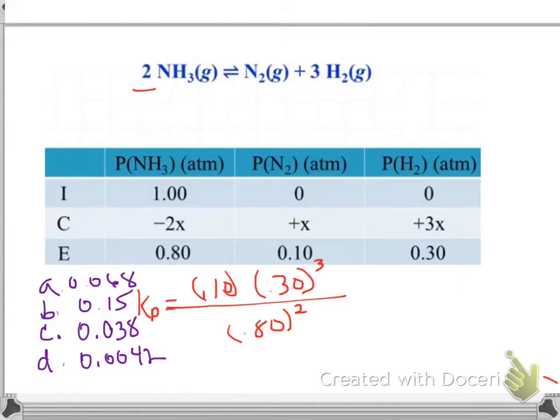So if I plug all that in, I end up with a Kp of 0.0042. Now, the K is much less than 1, so take a second and determine what that tells us about whether the reactants or products are more favored.